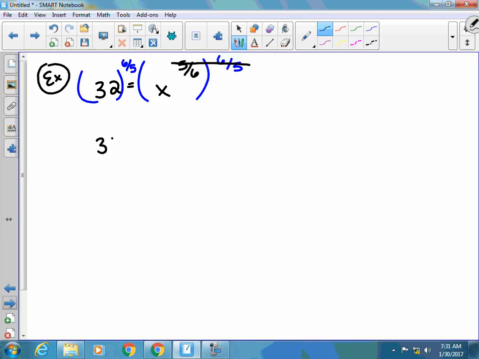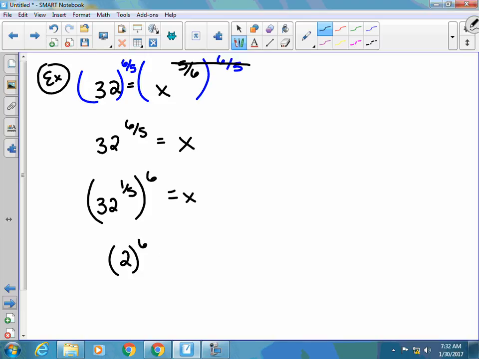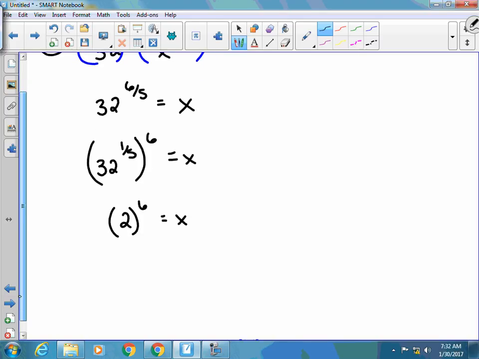So now we've got 32 to the power of 6 over 5 equals just a regular x. So now I'm going to break down that 6 over 5. So I've got 32 to the power of 1/5 to the power of 6 equals x. 32 to the power of 1/5 gives me 2. 2 to the power of 6 gives me 64.